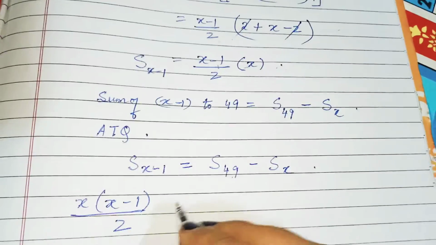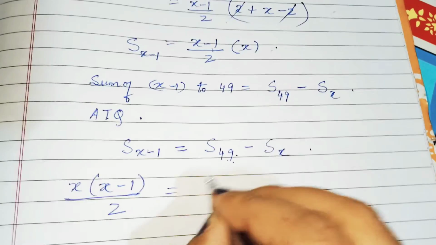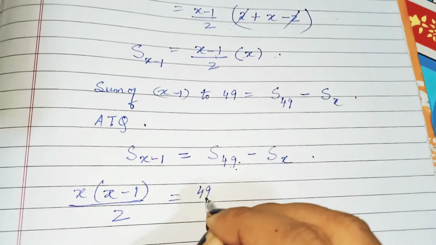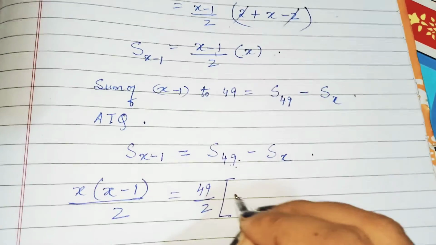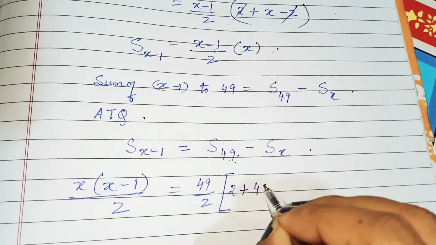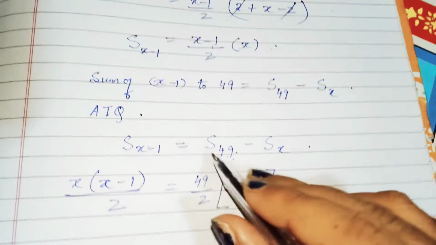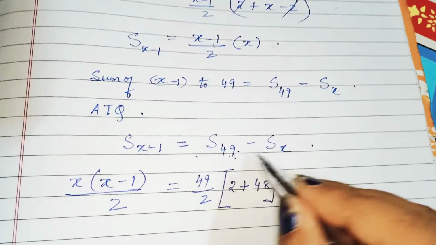And up to 49, their sum is n by 2, that is 49 by 2, times 2a, that is 2, plus n minus 1, that is 48. Or we can apply the sum of natural numbers formula, n into (n plus 1) upon 2.